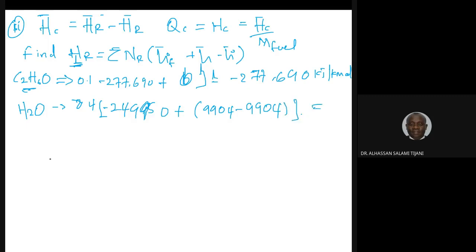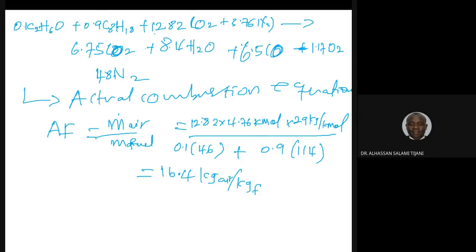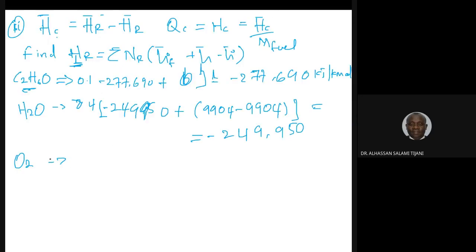So if you calculate, this gives me minus 249,950. Then for oxygen, we have 12.84 kilomoles of oxygen in the reactant. Now, the enthalpy of formation of oxygen is 0 because oxygen exists in its natural state.